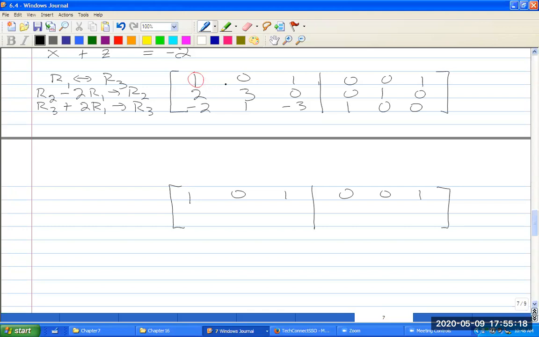Subtract twice times the first. Okay, so 2 minus 2 is 0. 3 minus 0 is 3. 0 minus 2 is -2. 0 minus 0 is 0. 1 minus 0 is still 1. 0 minus 2 is a -2.